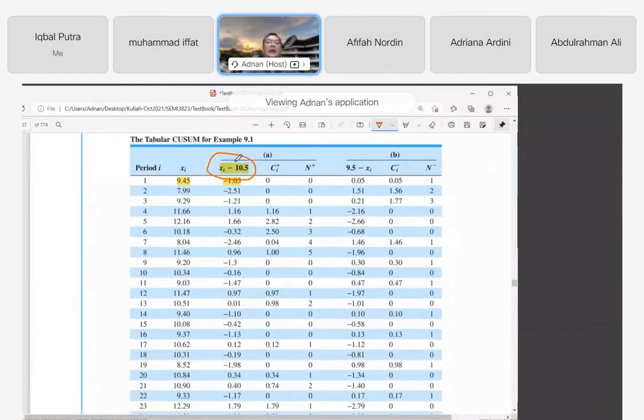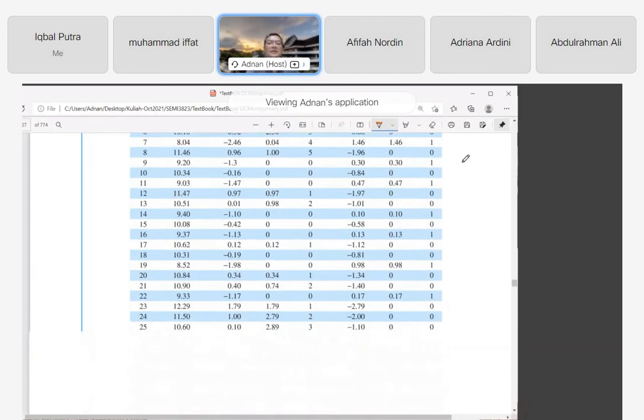And then we need to calculate the C plus. You have two-sided here. You have the upper side, which is this, and this is the lower side. Because tabular CUSUM has two sides.